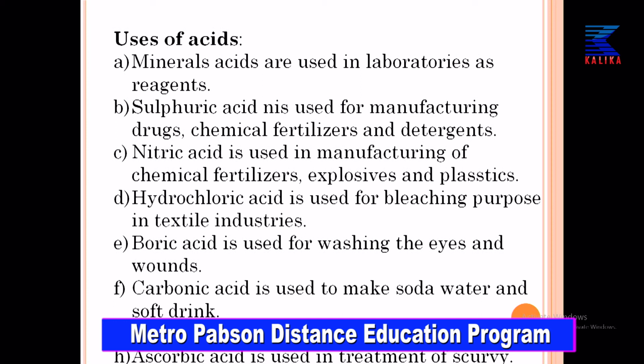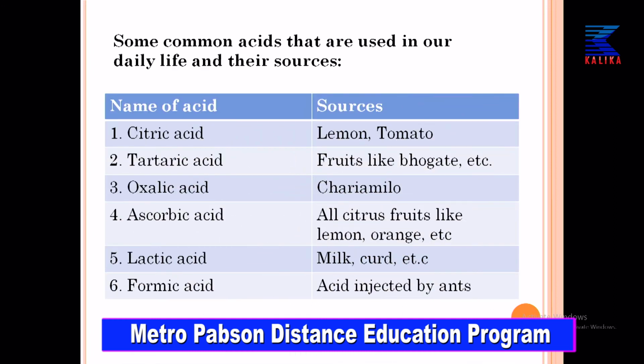Similarly, acetic acid is used for flavoring foods; it enhances the taste of foods. Ascorbic acid is used in the treatment of the disease called scurvy. Here are some acids which we use in our daily life.